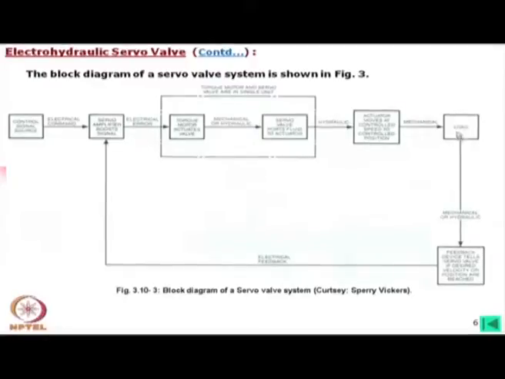So, mechanical and then load, and load to mechanical or hydraulic again, and from there a position feedback or velocity feedback is given back to the servo amplifier, which makes the necessary plus minus corrections as the electrical input is varied, and then again it is given to the torque motor, and thus we get the desired output.